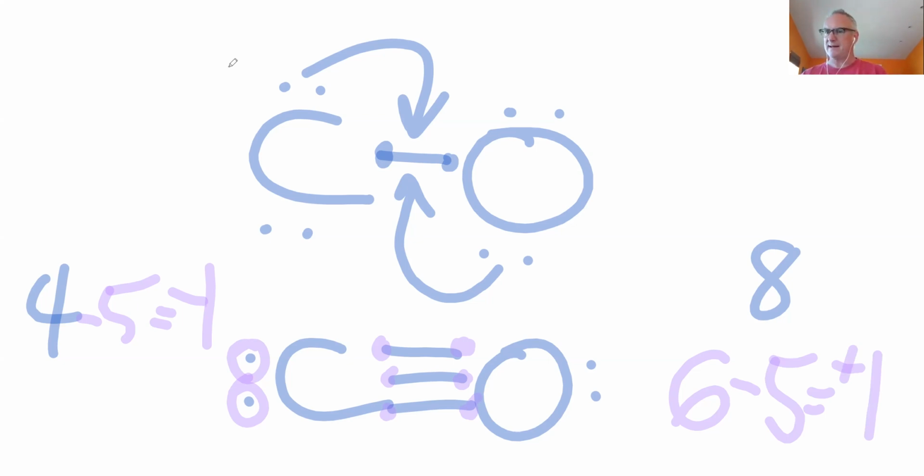That's weird, right? I mean, we have a structure here where the oxygen has a positive charge and the carbon has a negative charge, but the oxygen is more electronegative than the carbon. It should be pulling electrons toward itself. And it does. It actually pulls some of the electron density on this side of the molecule over to this side of the molecule, but it still has a positive charge.